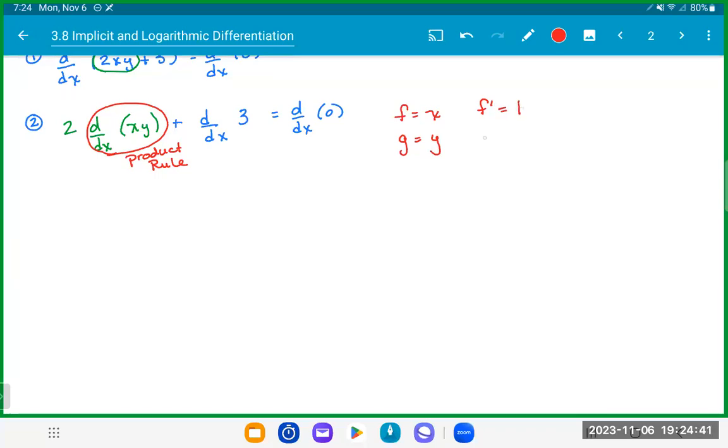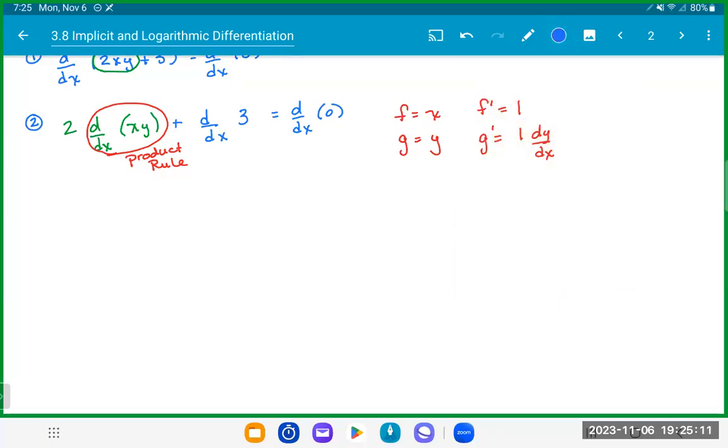My derivative of y with respect to y is going to be 1 dy dx, right? Remember, it said anytime we differentiate with a variable other than the main one we're looking at, we differentiate it normally, but we have to tack on that dy dx as part of it.